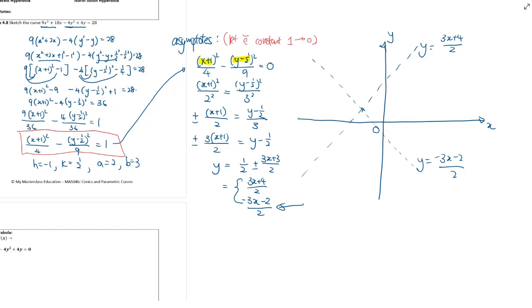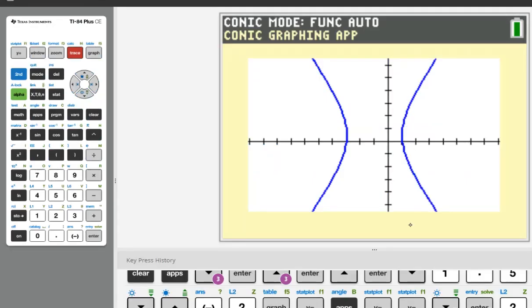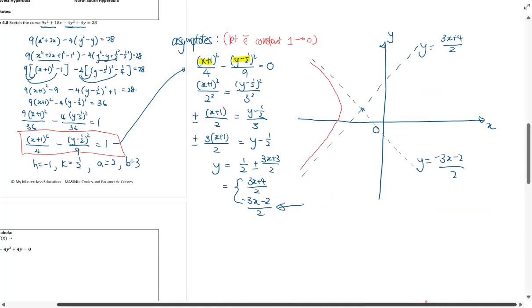Okay, so now I used a different color. The hyperbola will turn at the point where the asymptote intercepts. Okay, if you look at the calculator, the other hyperbola is on the right side. So in this case, the intersection should be closer to the axis.